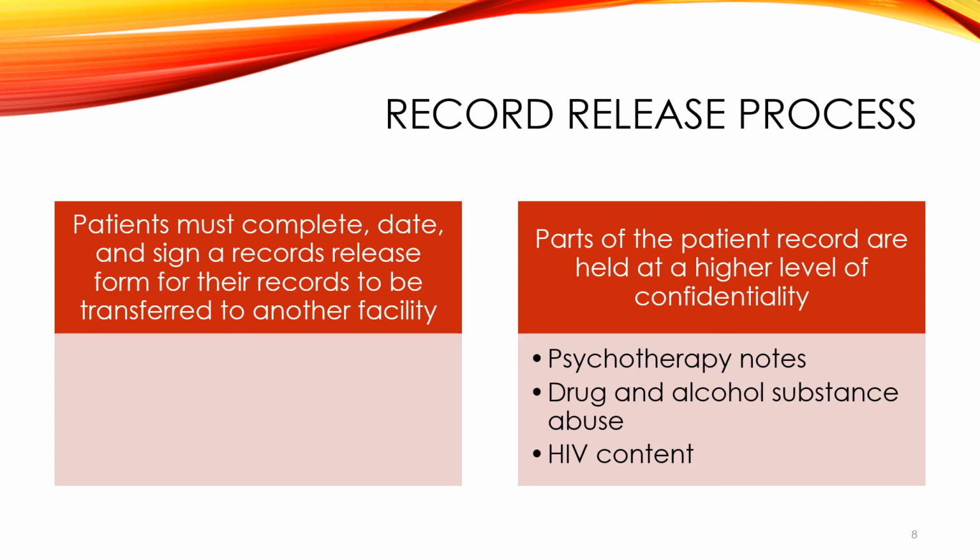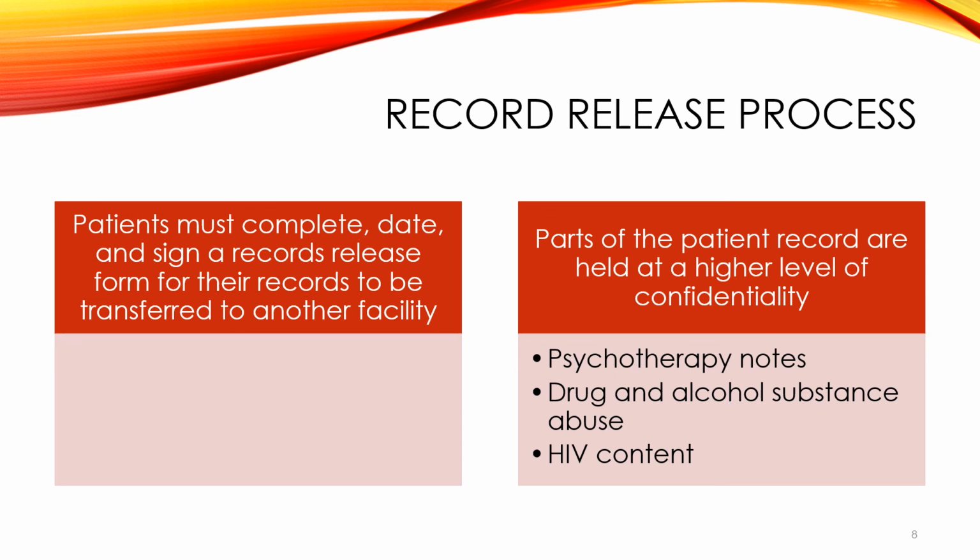Now, parts of the patient record are held at a higher level of confidentiality than others. This includes things like psychotherapy notes, drug and alcohol substance abuse information, and information related to HIV. So that is held at a higher level of confidentiality than the remainder of the record.